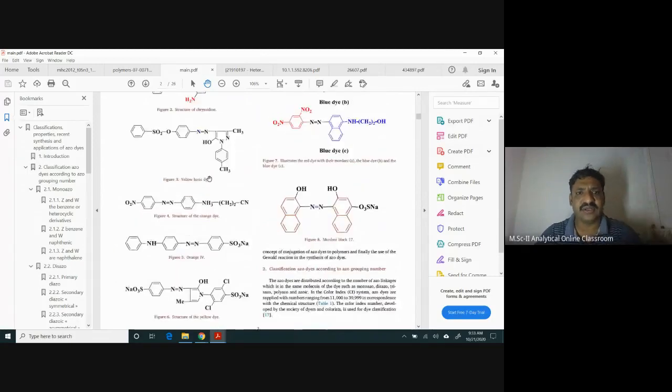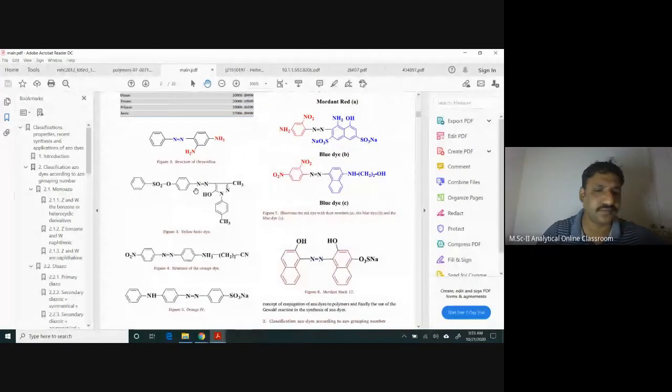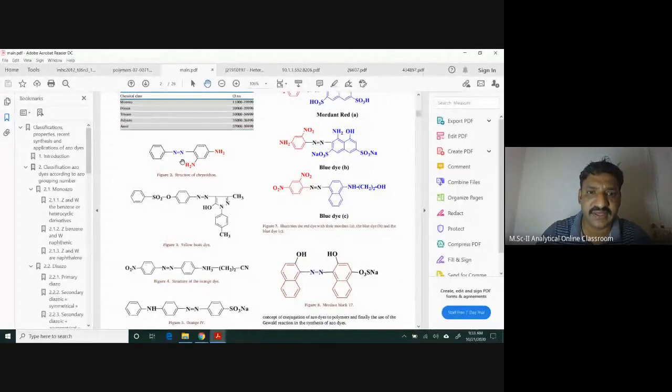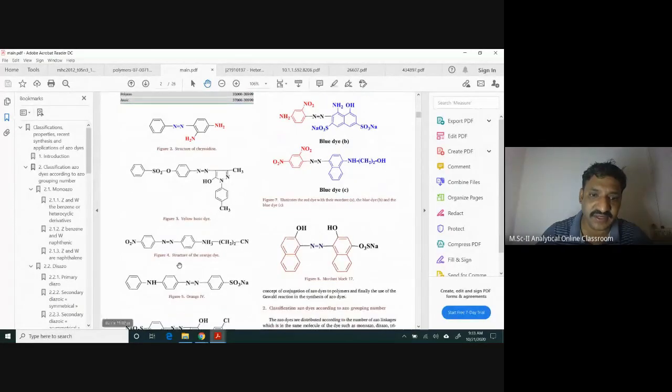Here you have to see the N double bond N, that is the azo group. When you change the substituents, there are different examples here also. This is N double bond N, phenyl ring, N double bond N. If you change the substituent, then it gives a different dye. It is called a yellow basic dye. Here it is called the structure of the orange dye, orange 5, mordant black 17.